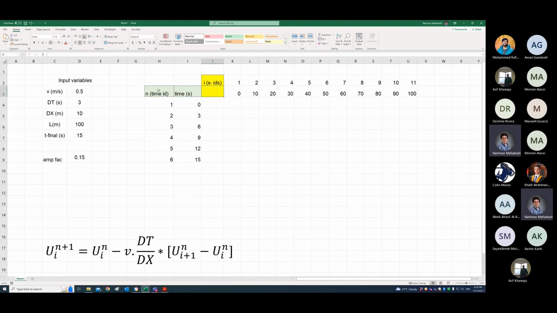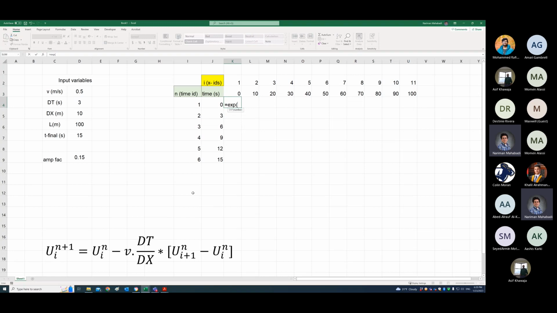So we know that this is x, so I'm going to push this one cell further to the right. So time x, right? Okay, so unknown function, we have the initial value, we have the equation. So let's just write the equation.